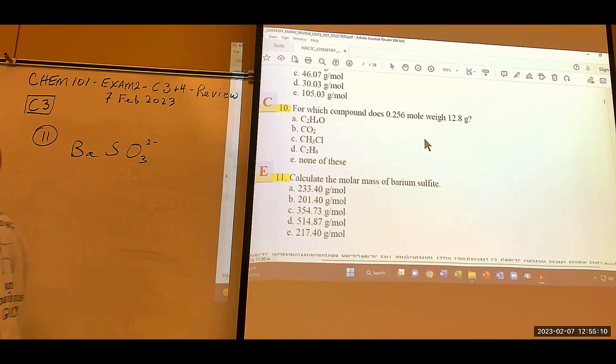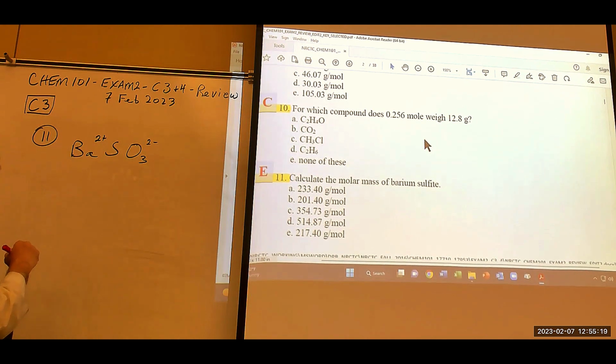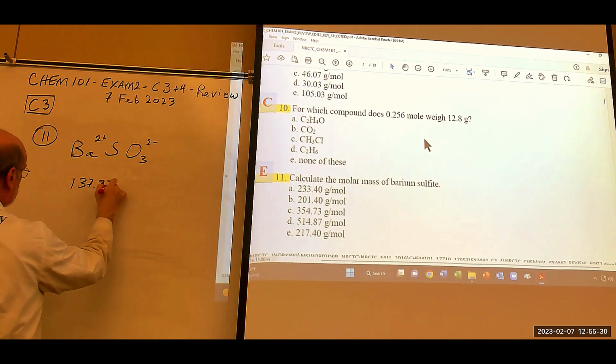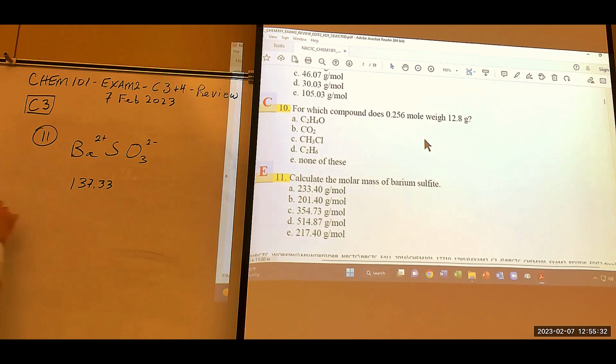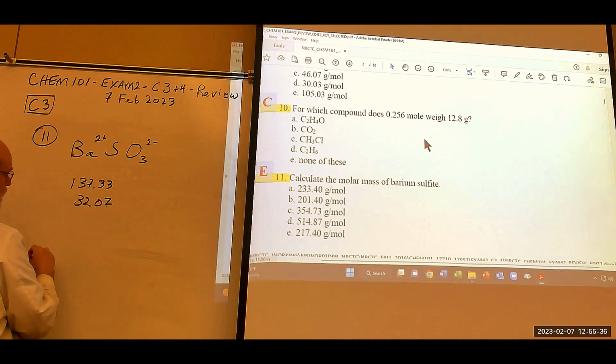Barium is from the second column, alkaline earths, so it always has a 2+. Right. 1 and 1 is all you need. And then we just add up the barium, which is 137.33, and sulfur is 32.07, and 3 oxygens is 48.